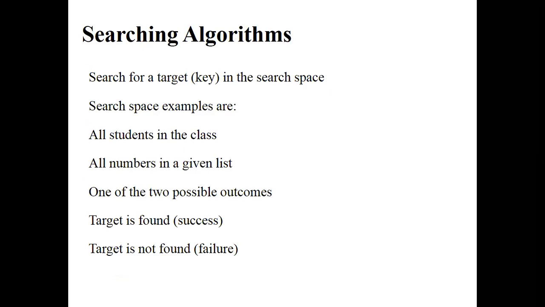A searching algorithm searches for a target or a specific value. You should be very clear about how linear search works and how binary search works. Here we have an example: all students in the class, and all numbers are given in a list. There are two possible outcomes: first, you get the target, or the other one is you cannot get the target. Suppose in your class there is a student named Ali, so you can find him, and that is the success.